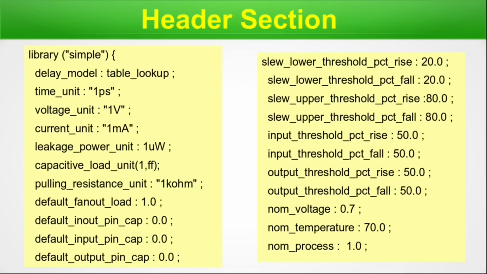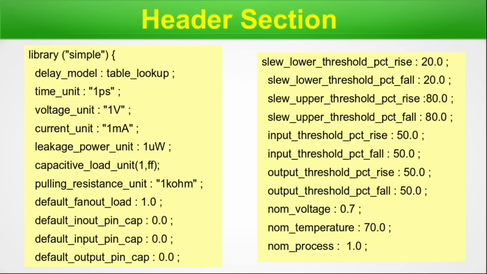So I would like to mention one thing. Here you can see in the right hand section rise, fall, rise, fall for all of these thresholds. This is because in actual transitions the inclination of the rise or the slew transition may not be same. So explicitly we define here both of them.